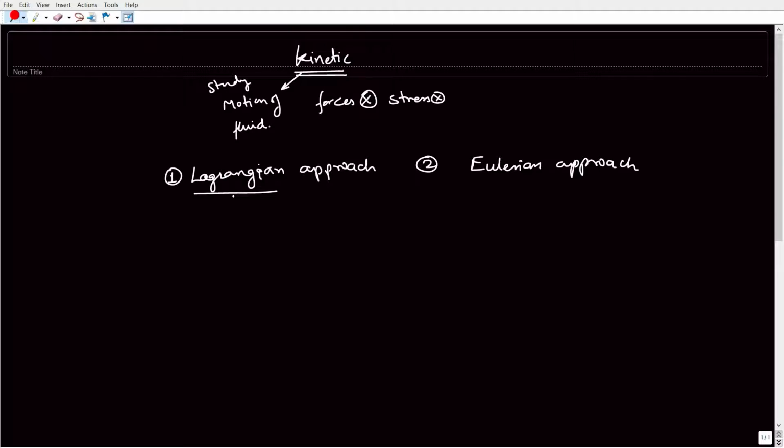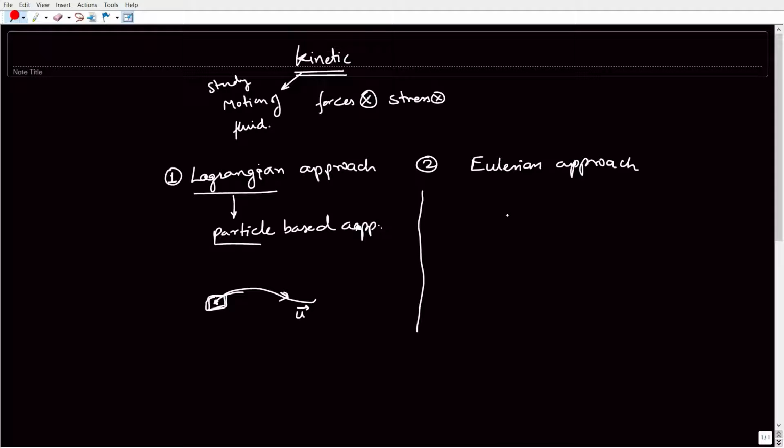In the Lagrangian approach, which is also called the particle based approach, whatever parameters we have to study is for a single particle which is traveling, which has the trajectory. Let's say this is the trajectory, this is the velocity, and this is the path of the particle. And we will focus on that single particle only. That is called the Lagrangian approach.